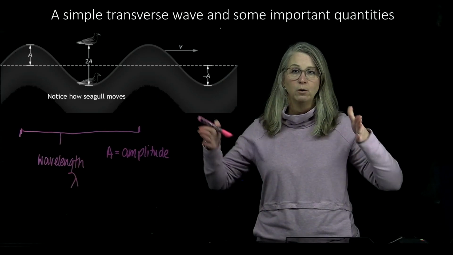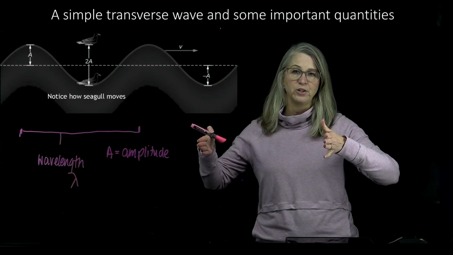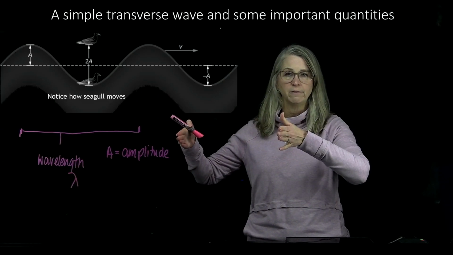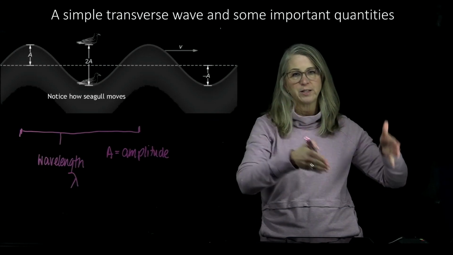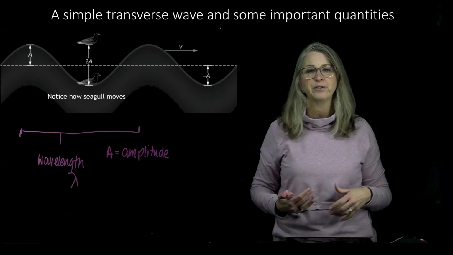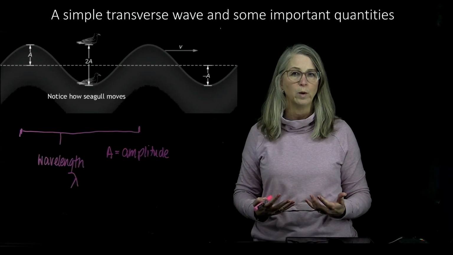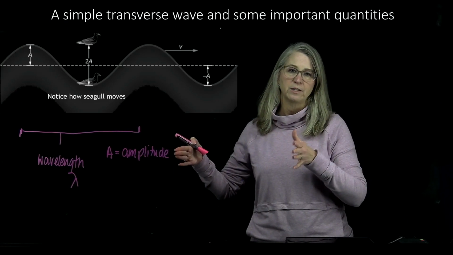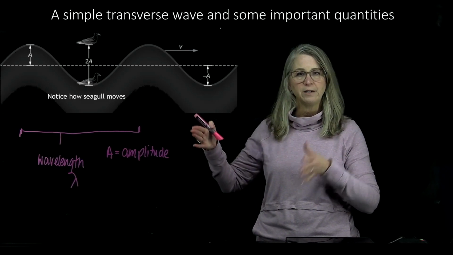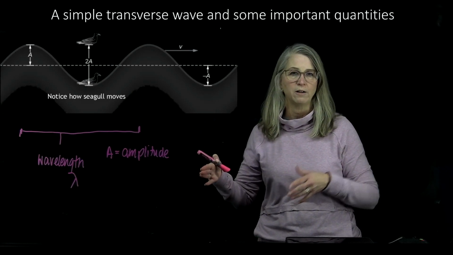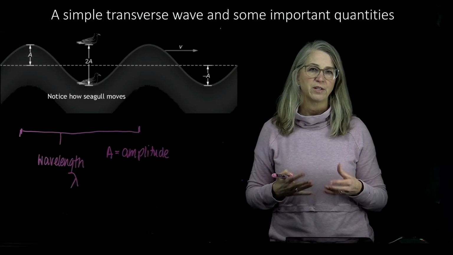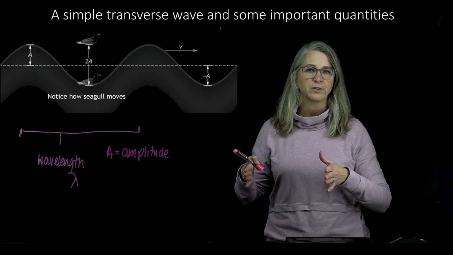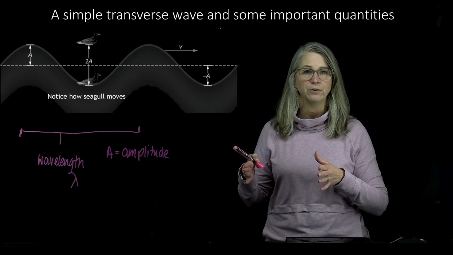If I took a segment of this wave that length and pasted them together in series, that would create my total wave. So it's a distance measured from one peak to the next peak, or from one trough to the next trough. The troughs are the low points.